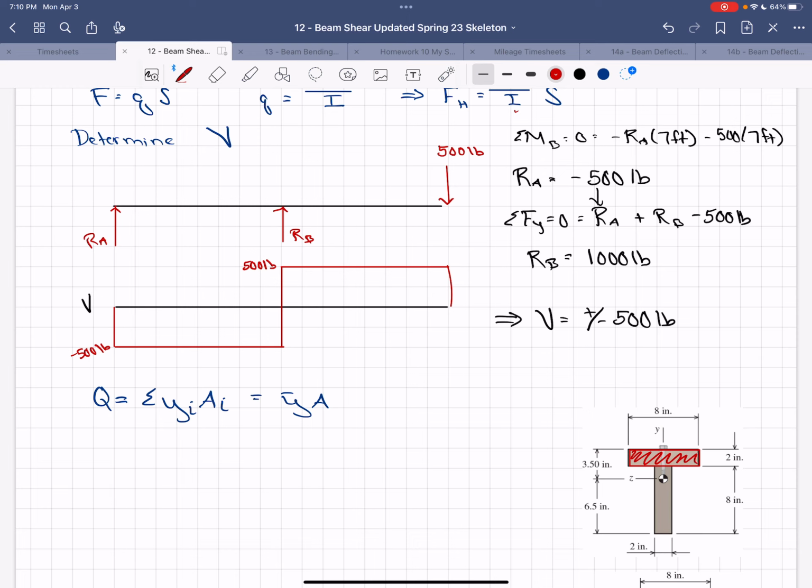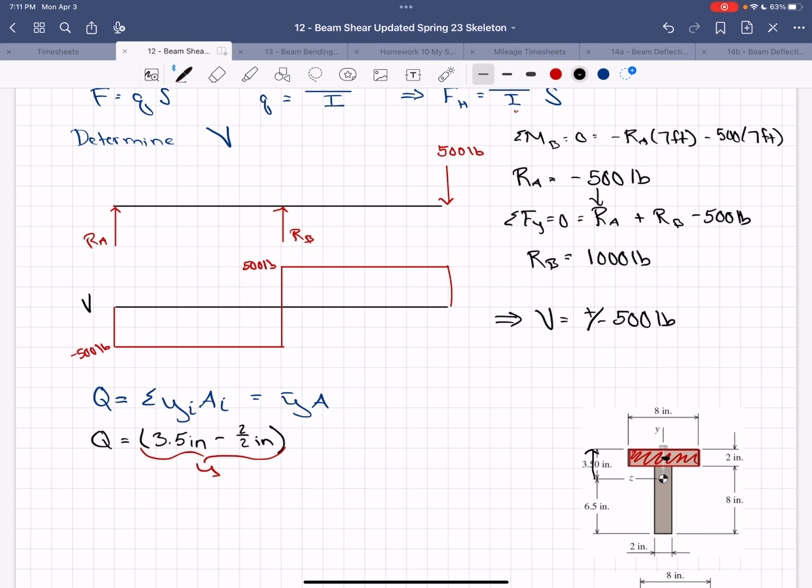So to find y, I have Q equals, going all the way up to the top, that would be 3.5 inches. And then going to the centroid of this area, which would be half of the 2 inches, so minus 2/2 inches, or 1. So that is all y.